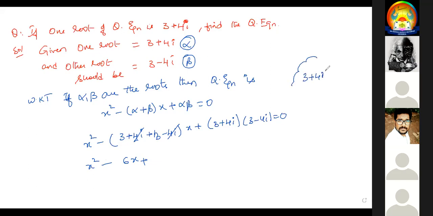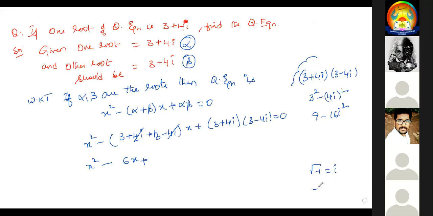3 plus 4i into 3 minus 4i. It is looking like (a plus b) into (a minus b). Its formula is a square minus b square. That is 3 square is 9, 4 square is 16, i square. And we know that i square is minus 1. I said root minus 1 equal to i.